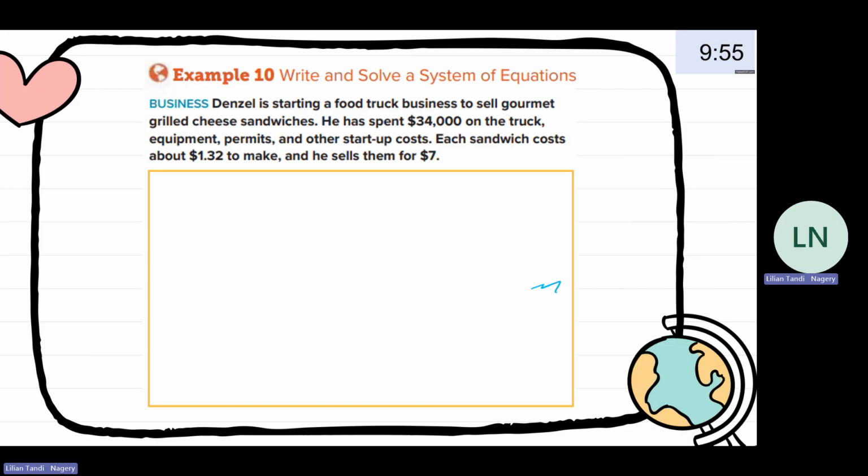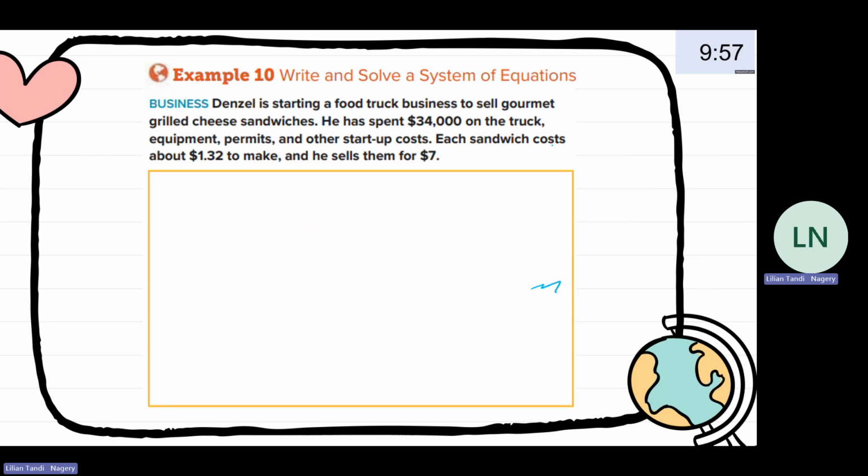Denzel is starting a food truck business to sell gourmet grilled cheese sandwiches. He spent $34,000 on the truck, equipment, permits, and other startup costs.